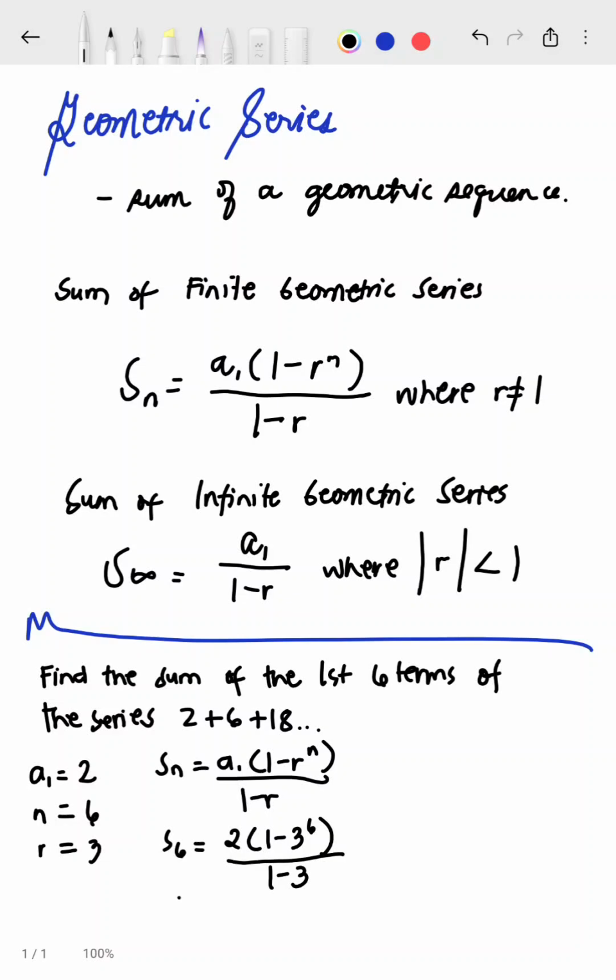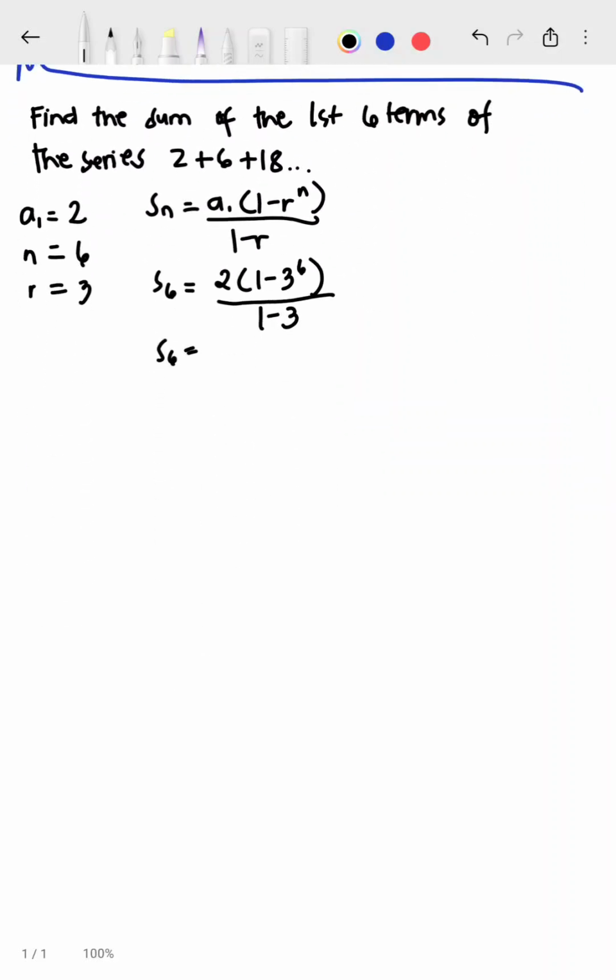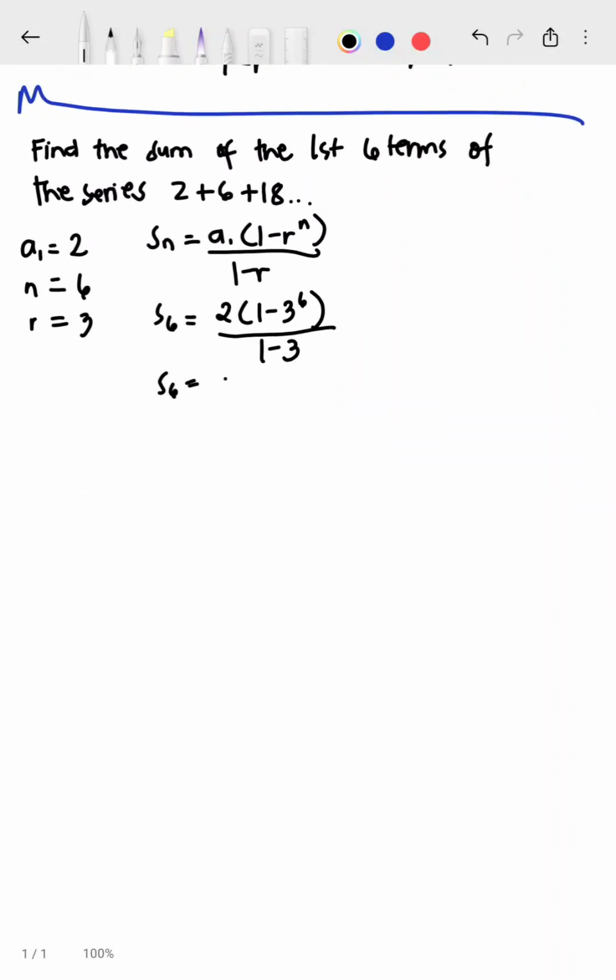So the next one will be the sum of 6 terms. Let's simplify the exponents first. We'll have 2 times negative 728 over negative 2.